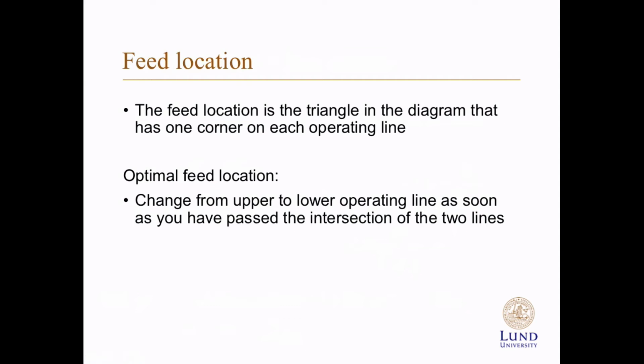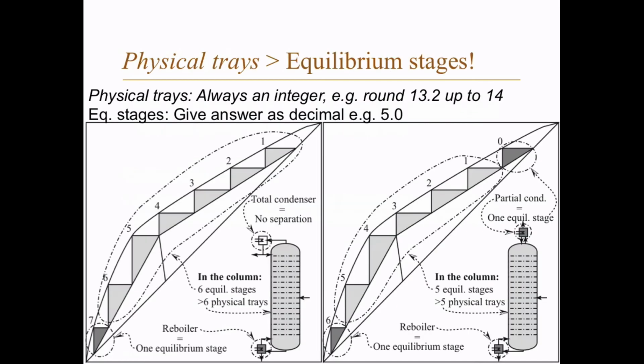Feed location is the triangle in the diagram that has 1 corner on each operating line. And the optimal feed location is that you change as soon as you come to the intersection of the 2 lines. So in this case, we start here on this upper operating line, and then we end, well, actually now this happens to be just on the intersection, but this still counts as 3.0, and this being the optimum feed location.